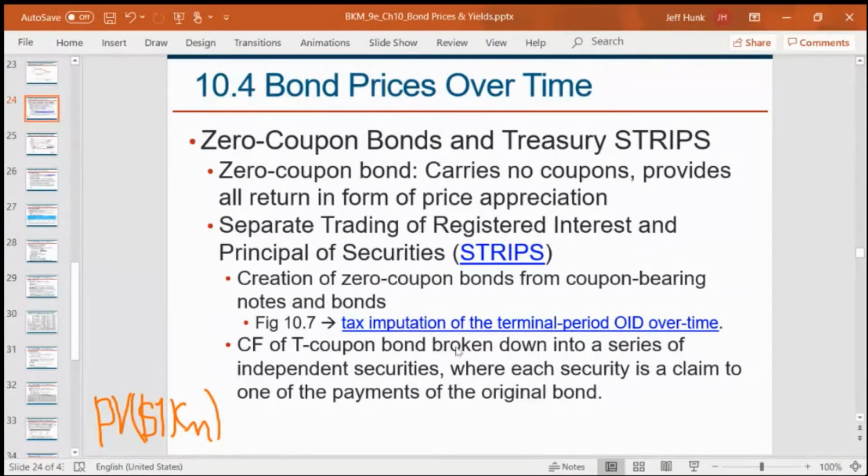If you're receiving the coupon interest only in cash, then you'll have to wait 1 year and then you'll receive $1,000. You wait 2 years, you receive another $1,000. But these $1,000 cannot be traded ahead of their maturities.